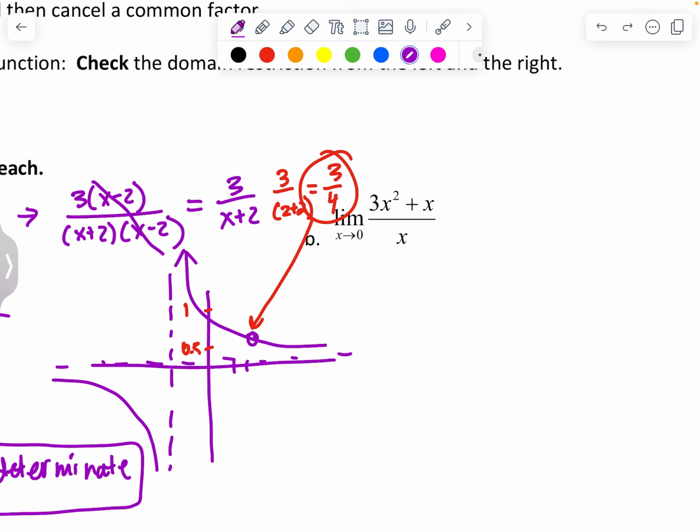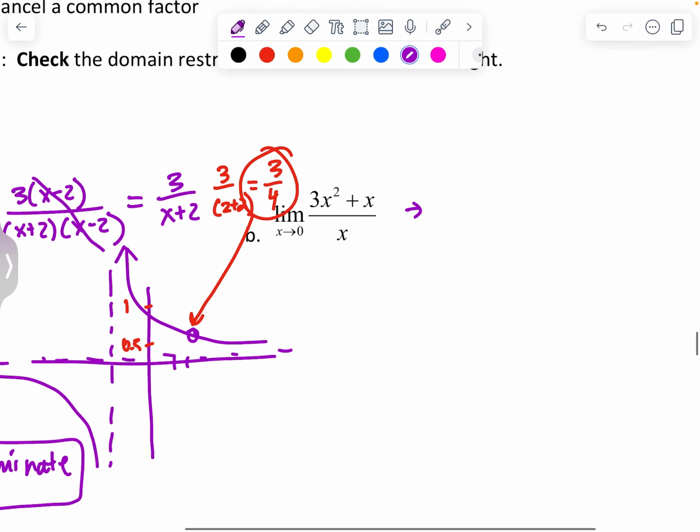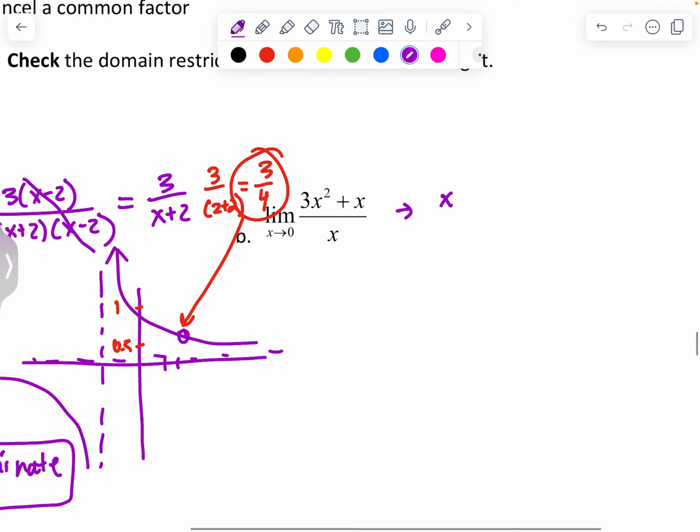But here we go. Right away you could say 0 because it's 0 squared, plus 0 all over 0, is going to be indeterminate. So we factor out an x, and then we get 3x plus 1 all over x. The x's cancel, and now we no longer get that indeterminate case.